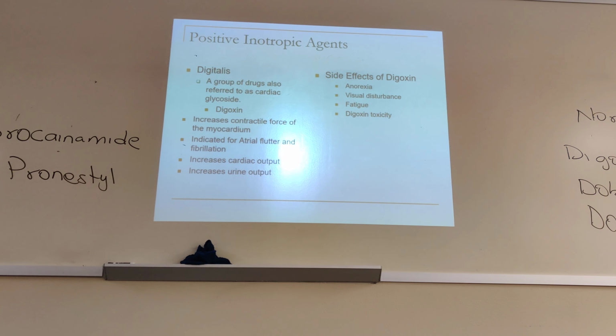So the digitalis group increases the contractile force of the myocardium. Indicated for atrial flutter and atrial fibrillation. Now, when your heart is in atrial flutter or fibrillation, that would mean that cardiac output will go down because of the filling time.